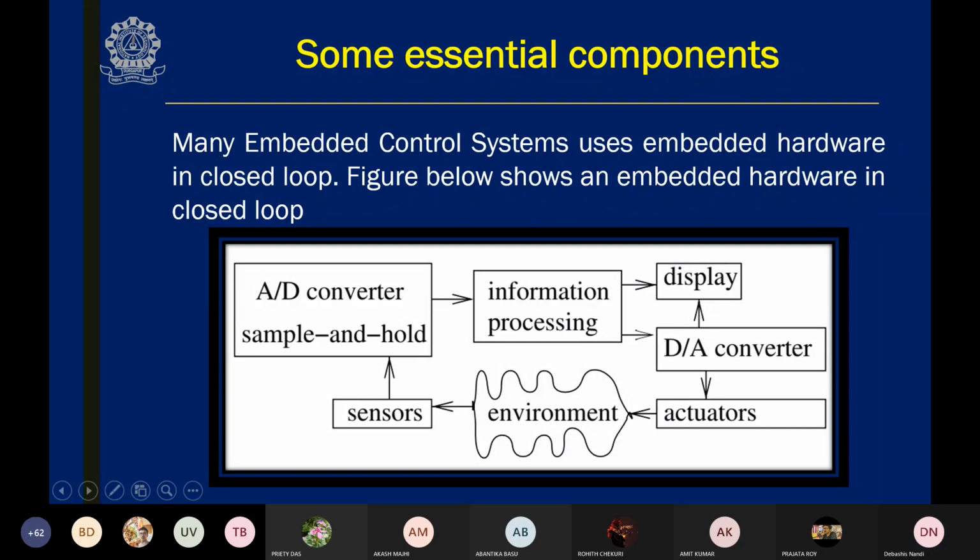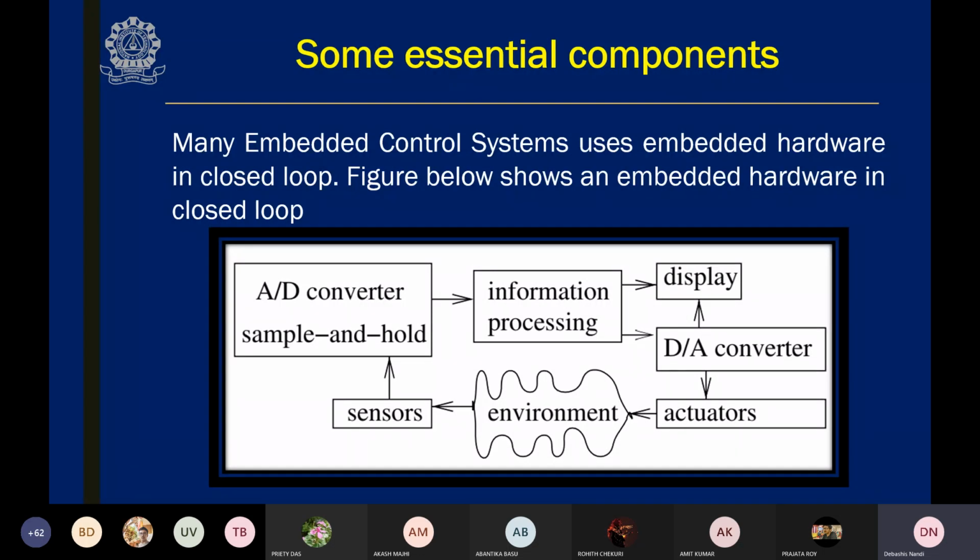And this sensor, after sensing the environment, will generate some analog electrical signal, which is continuous in time and also continuous in amplitude. Okay.